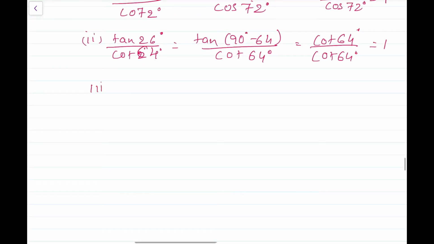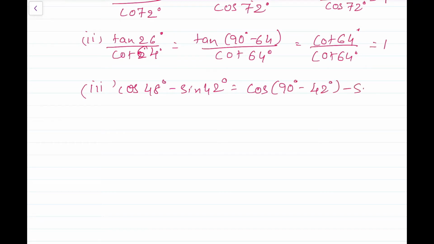Then third one, cos 48 degrees minus sin 42 degrees is equal to cos (90 degrees minus 42 degrees) minus sin 42 degrees, which is equal to sin 42 minus sin 42 degrees, which is equal to 0.